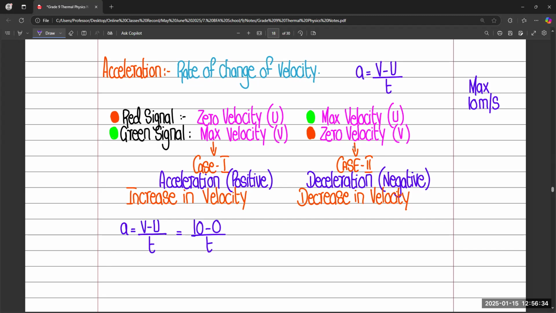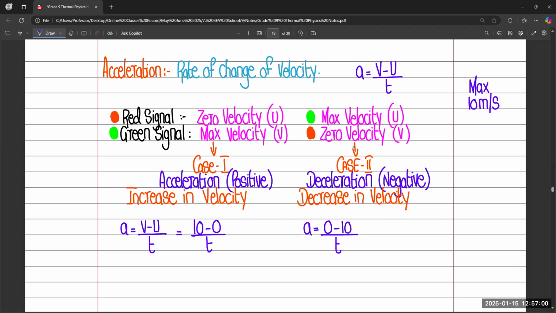And in case number two, acceleration is equal to final minus initial. Now in case number two, you observe that final velocity is 0. So 0 minus 10 divided by time. Okay. So in the first case, you can see 10 minus 0, so it will be equal to a positive value, right?